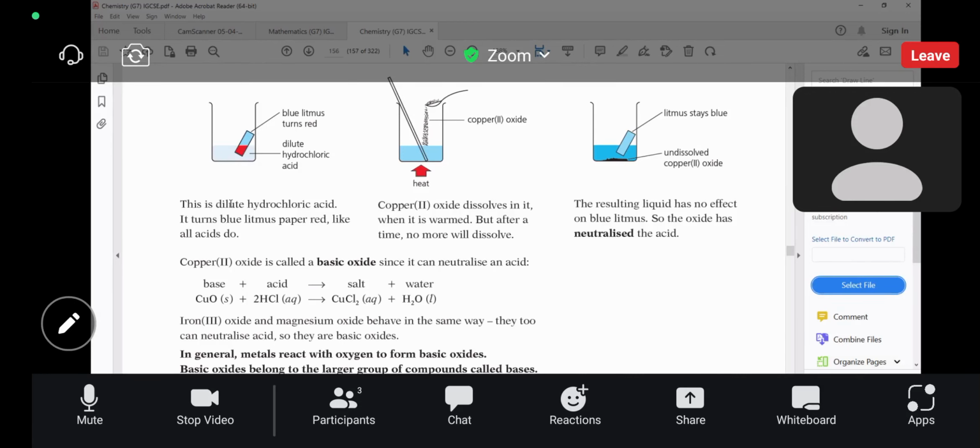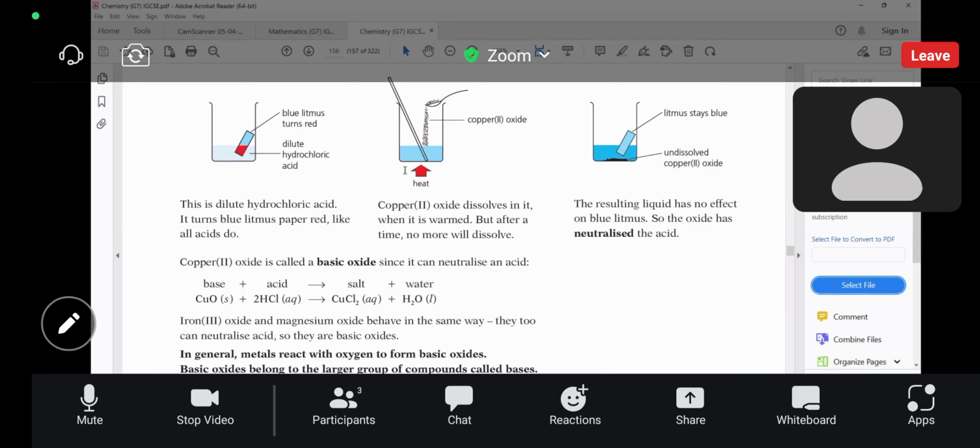Now in this container we take dilute hydrochloric acid and test with blue litmus. It becomes red. So this is blue and here you can see the red color, right? After that, if you put copper oxide in the dilute acid, that is HCl, what will happen? It will dissolve because copper 2 oxide is soluble in dilute acid.